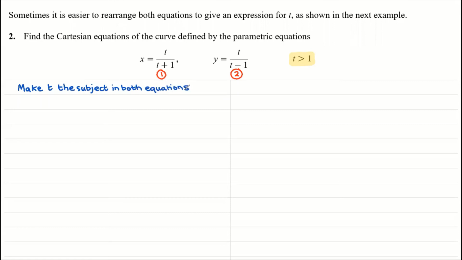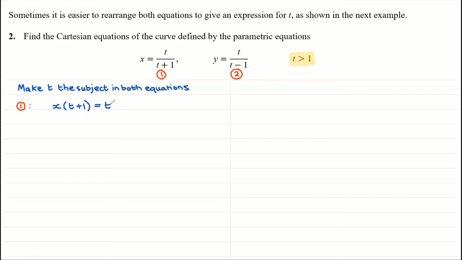So we'll focus on equation 1 first and then move on to equation 2. Our goal is to generate a Cartesian equation. All right, and it's not asked to present that Cartesian equation in any particular way. So that's a bonus. Right, so rearranging, I'm going to multiply both sides by t plus 1 first. So we're going to have x multiplied by t plus 1, which is equal to t.